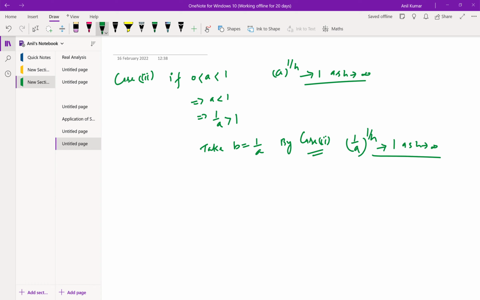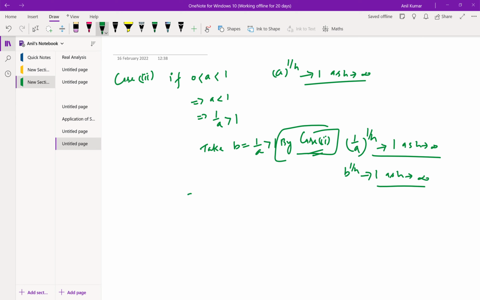Case 2 says if a is greater than 1, then a raised to the power 1 by n tends to 1. So यहाँ पे हमने case 2 की हेल्प ली है, with the help of case 2 this b is strictly greater than 1, so b raised to power 1 by n, this tends to 1 as n tends to infinity, right?